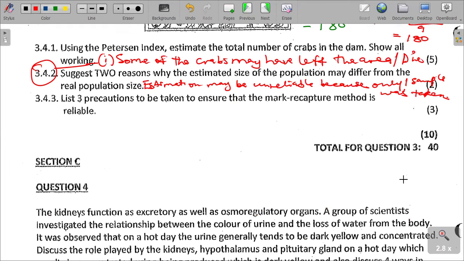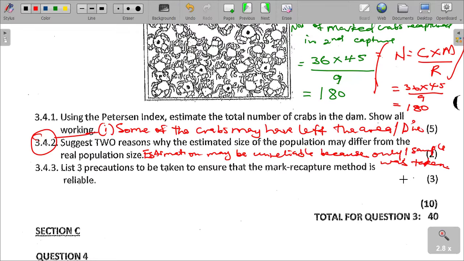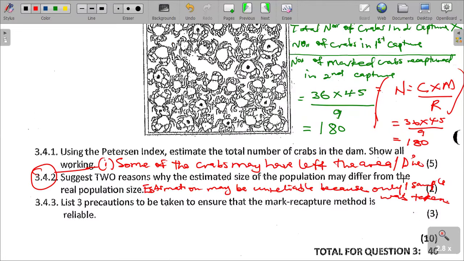The last part is saying, list 3 precautions to be taken to ensure that the mark recapture method is reliable.